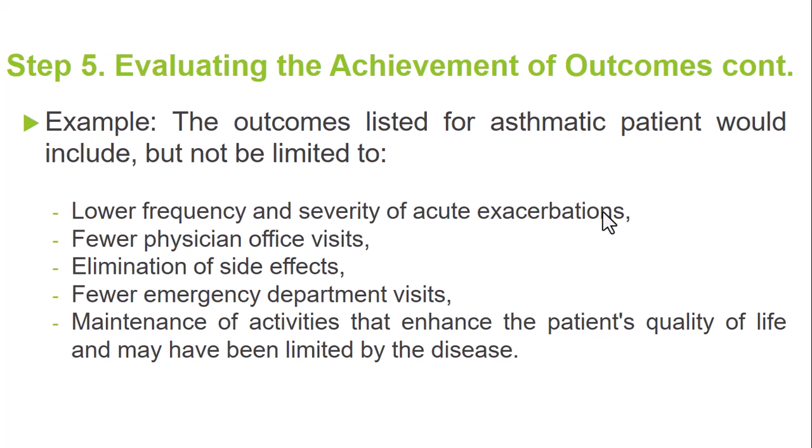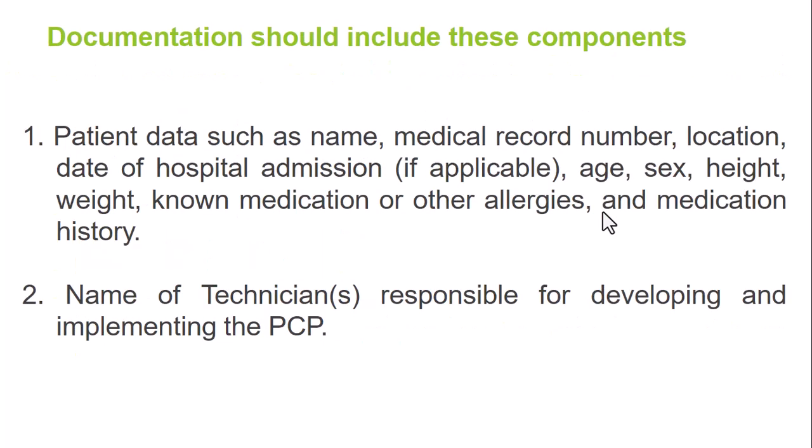Like, these are things that may not be achievable, like this patient has to always visit. Elimination of side effects, and then fewer emergency department visits, and maintenance of activities that enhance the patient's quality of life and may have been limited by the disease.